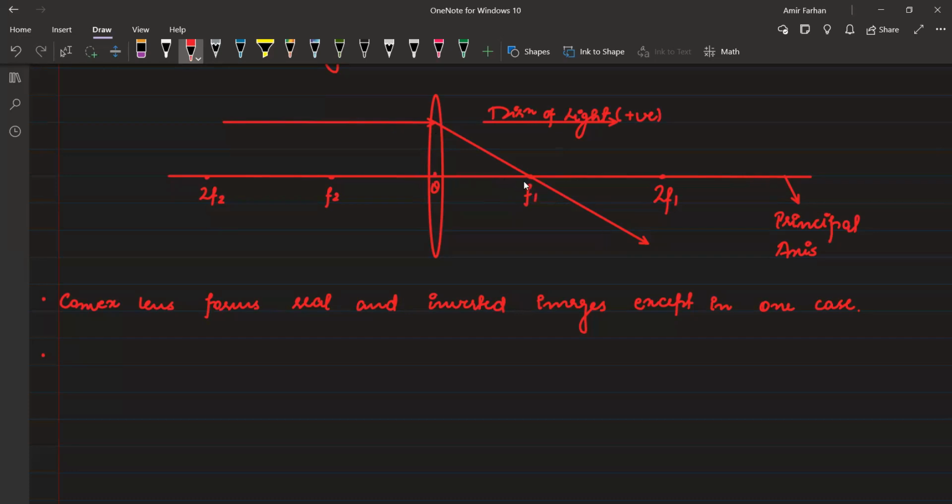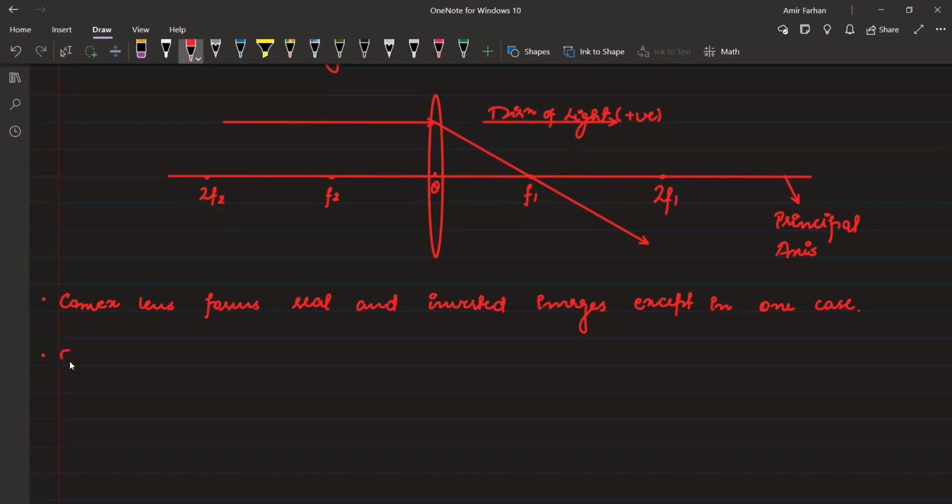I'm standing at the optical center and going in the same direction as the light, so the distance will be positive.